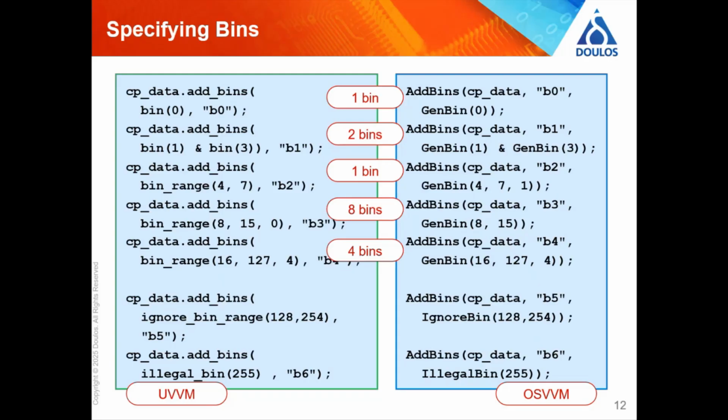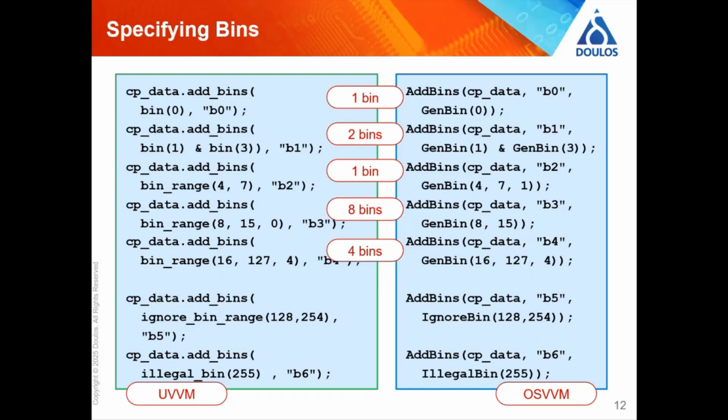In the fourth example, we're creating 8 bins where we have 1 for each of the values in the range 8 to 15. The syntax is slightly different. In UVVM here, in order to get 1 bin per value, we said 0 as a third argument in our range.